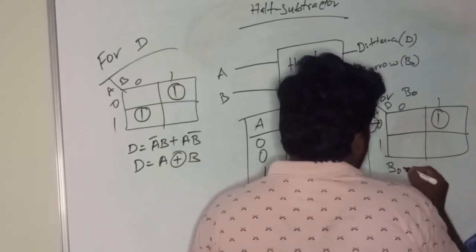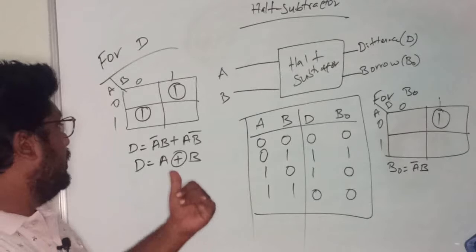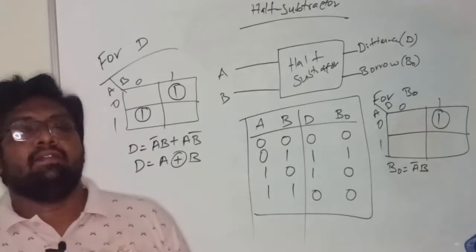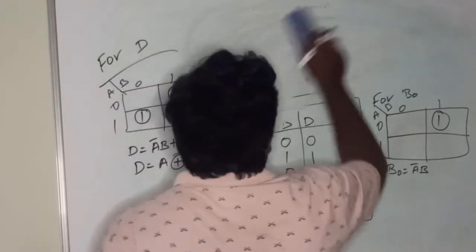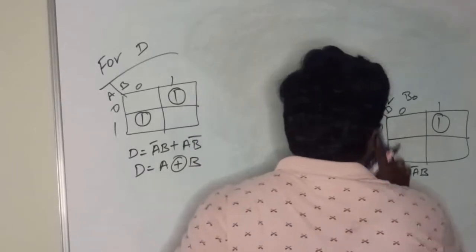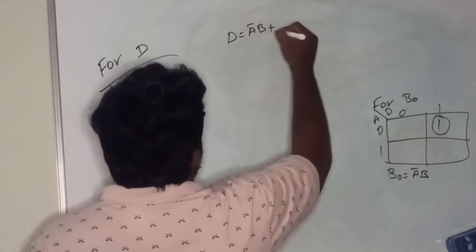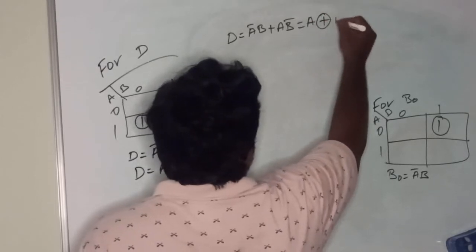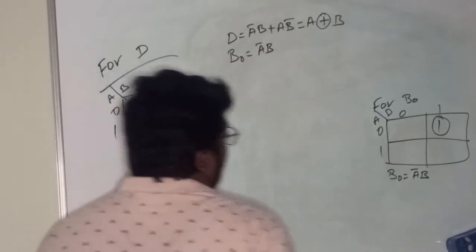So B naught equals A complement B. Now by using these equations D and B naught, let us draw the half subtractor using logic gates. D equals A complement B plus A B complement, that is A XOR B, and the borrow B naught equals A complement B.